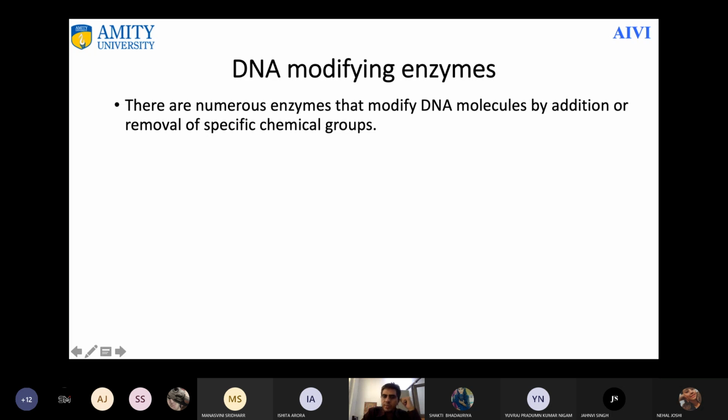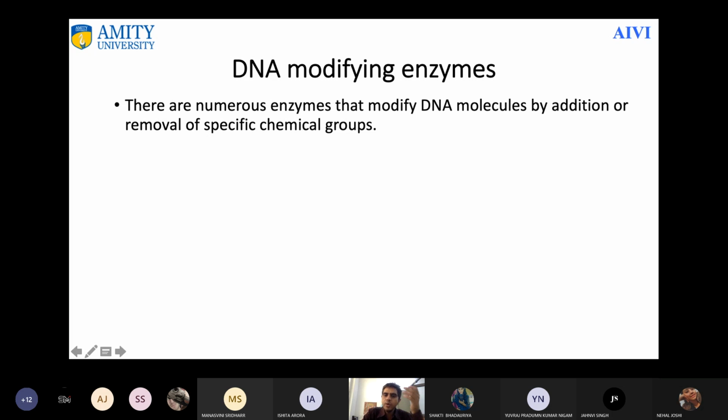Thymine has an extra methyl group. Yes, it has an extra methyl group. So if you remove that methyl group, then it becomes uracil. But if you add a methyl group to uracil, then it becomes thymine.